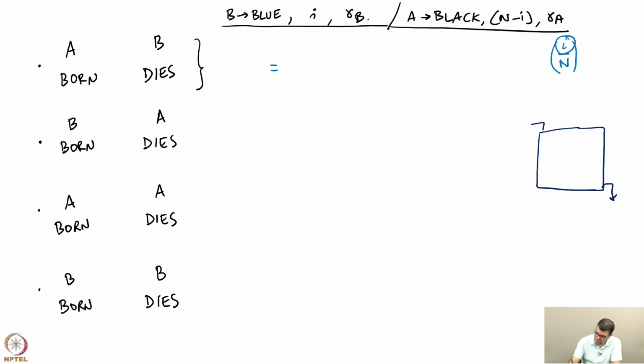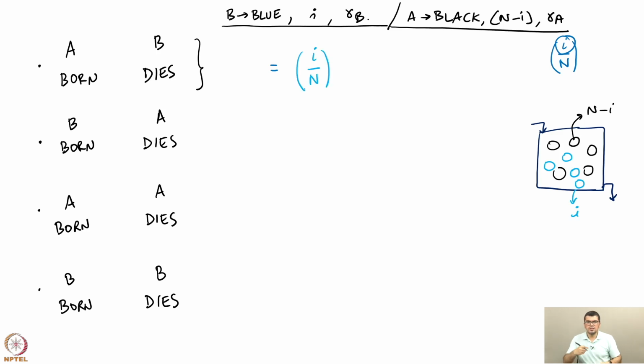So, from the context of this death event, I have these black individuals which are n minus I, and I have the blue individuals which are I. So, the probability of B dying is simply equal to I upon n, because the greater the I is, that means there are more B type individuals in the chemostat, the greater the chance that one of those I individuals happens to be washed away.